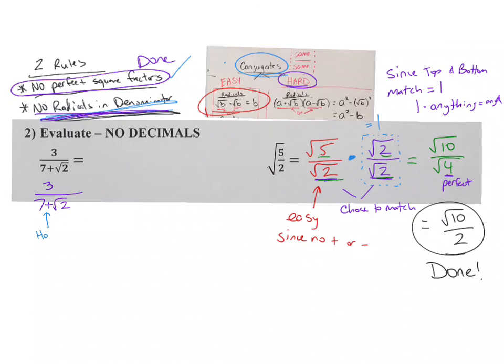That makes it hard. The rule is change the sign in the middle. If I have a plus sign, I'm going to choose to write a minus sign. If I have a minus sign, I'm going to choose to write a plus sign.